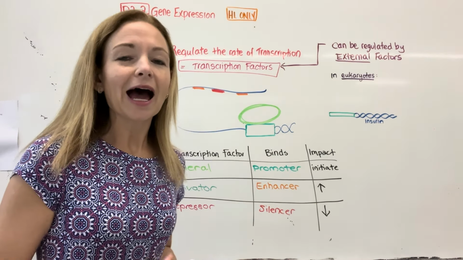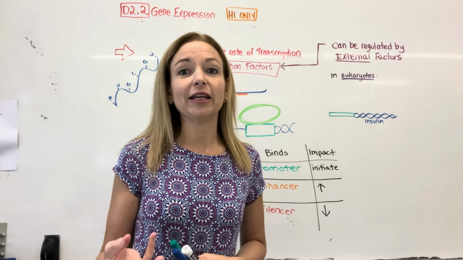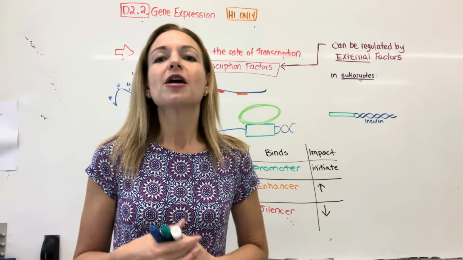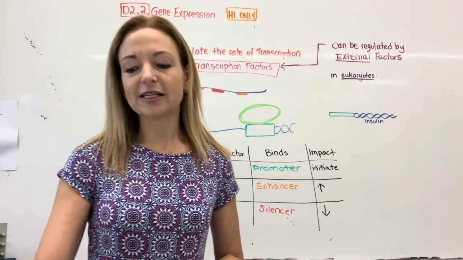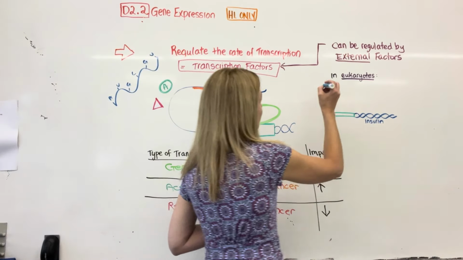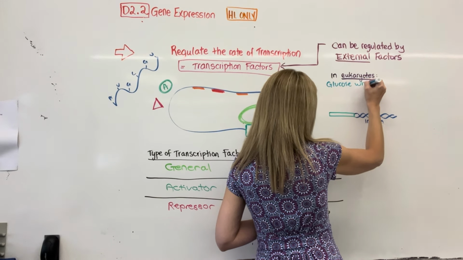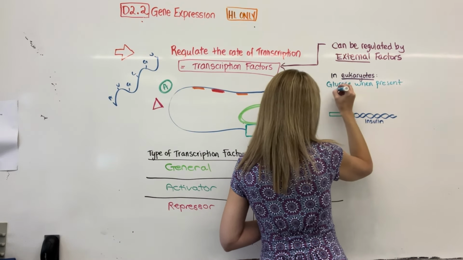What happens is that we don't need insulin if you're not having any glucose in your body. So you have a transcription factor, but the transcription factor is only activated when glucose is present. Glucose, when present, activates the transcription factor.